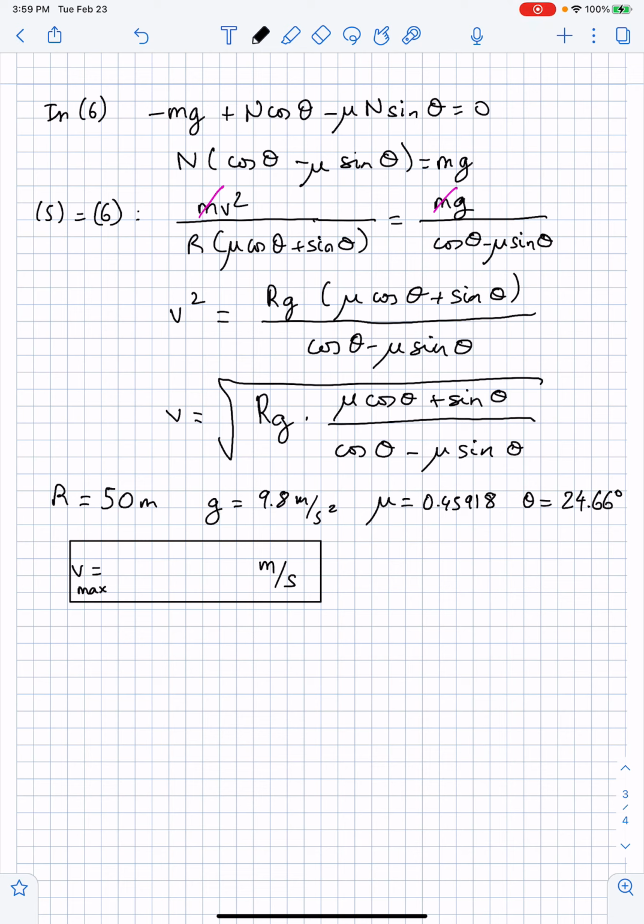This big ratio, I get 16.36. I'm going to multiply it by 50. I'm going to multiply it by 9.8, and I'm going to take the square root of this thing. And I must have made a mistake because 89.56 meters per second is way too fast. So let me do it again on my calculator.